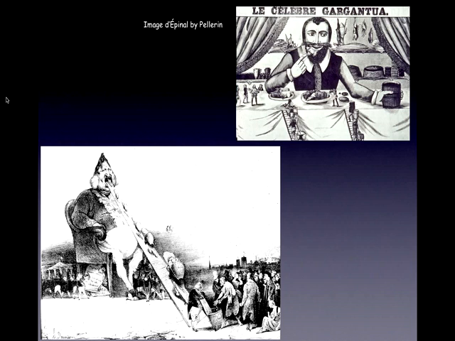Gargantua was this monster, this huge figure, a glutton who ate whole sheep and cows for dinner, who could never be satisfied. And in Daumier's work, the king is, of course, Gargantua, so he becomes a laughable figure.